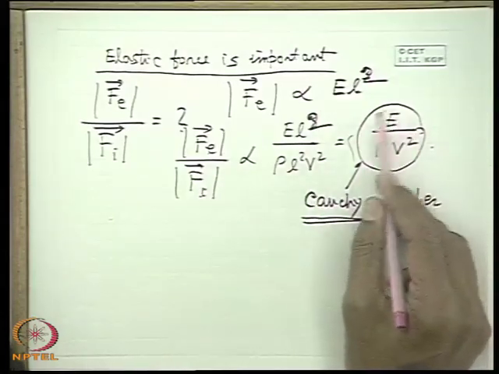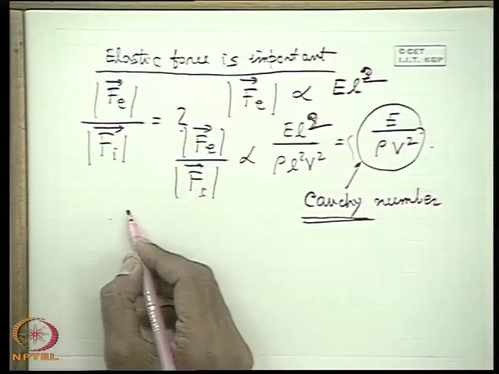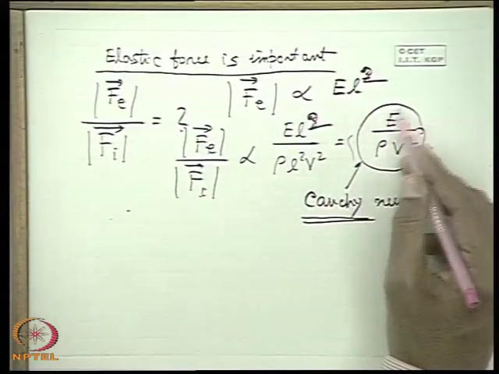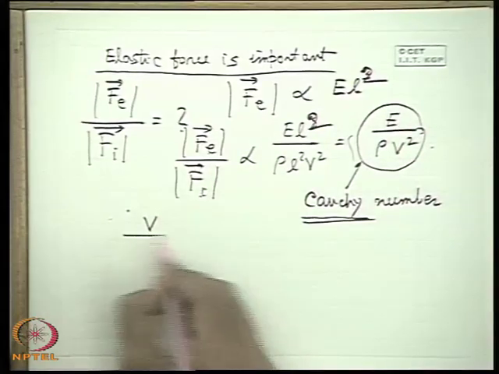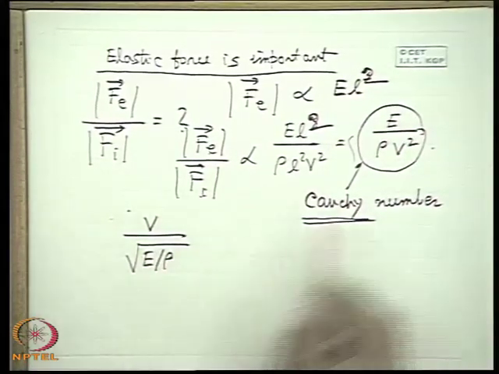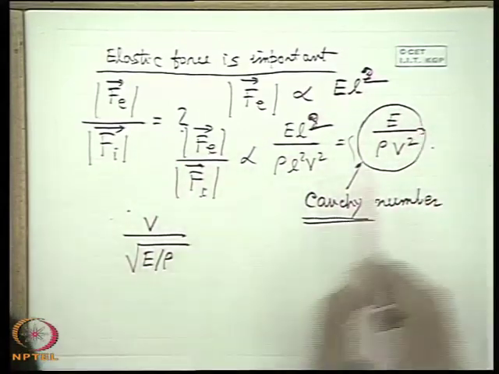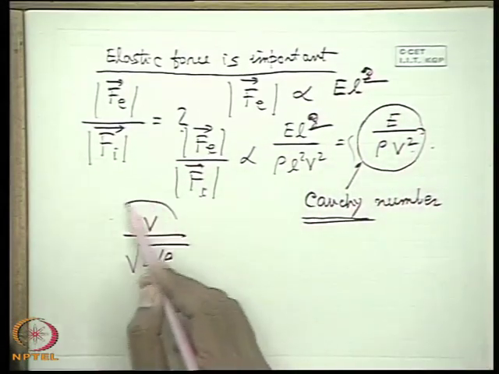So now this number, this term can be expressed in a little different way. Take the reciprocal of this and make a square root. Then the equality of this number E by rho V square means the equality of this number.